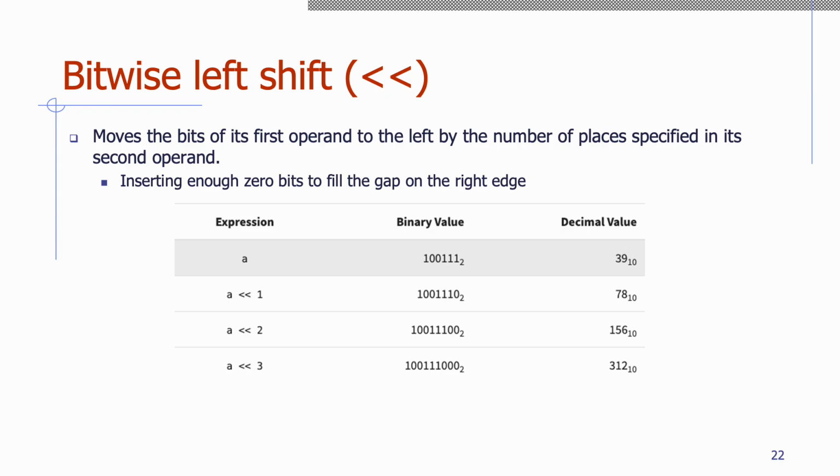If we have this example, A bitwise left shifted by 1, we see that we are adding a 0 on the right edge, and 39 becomes 78 in decimal value. Shifting bits to the left corresponds to multiplying the number by a power of 2 with an exponent equal to the number of places shifted.